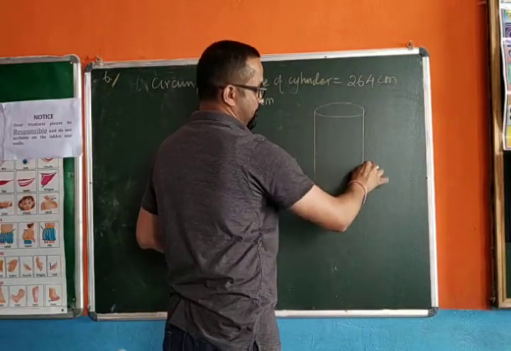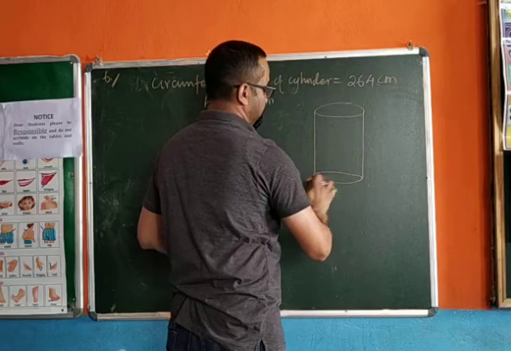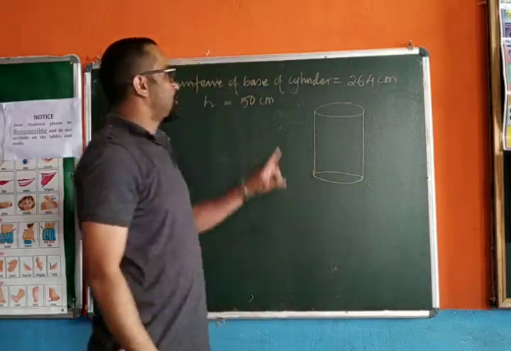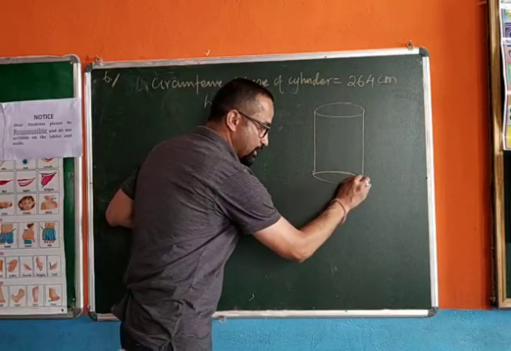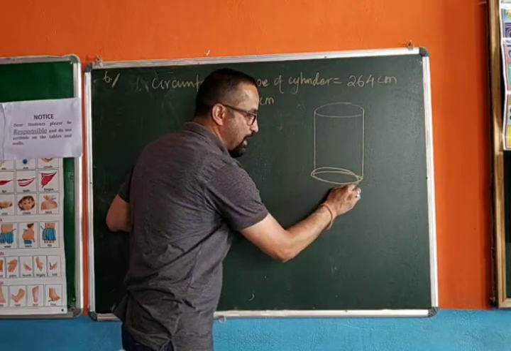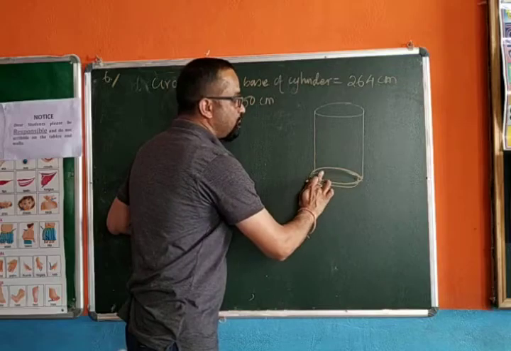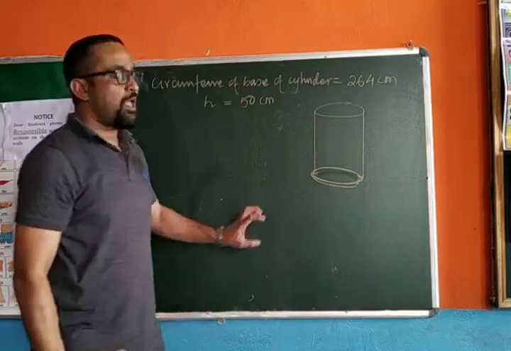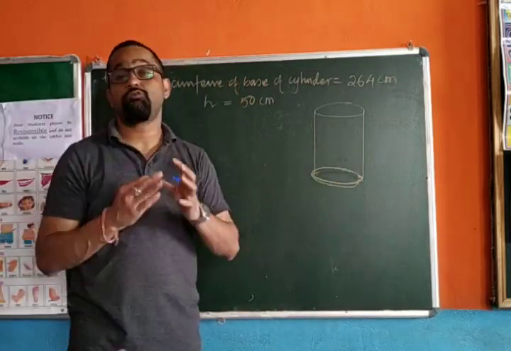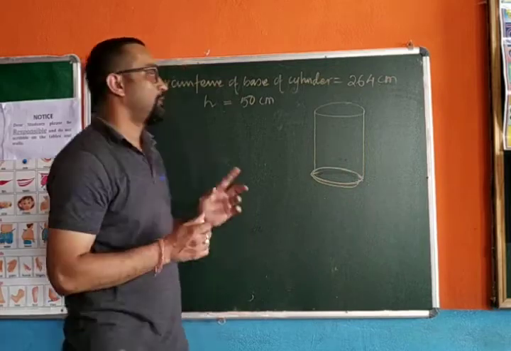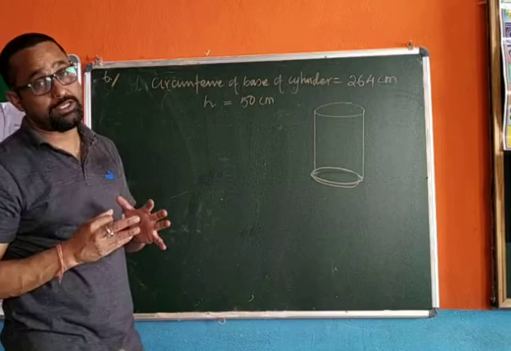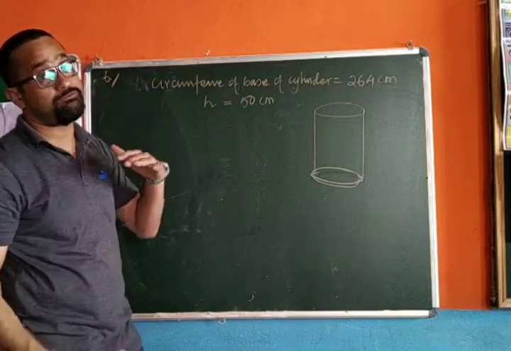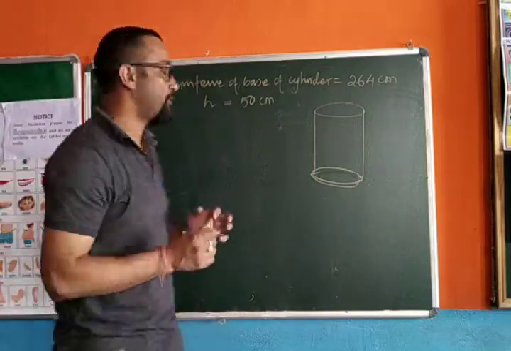You have a cylinder. Circumference of base means this part, this curved part is the circumference of the cylinder. And if you look at this part, it is in the form of a circle. So we use this circumference to calculate the radius. That is the reason why the circumference of the base is given.